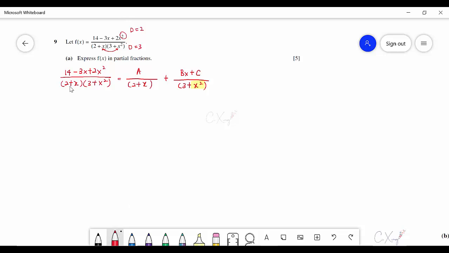Okay, so for this whole equation here, I'm going to multiply it with the original denominator. So when I multiply the whole equation with the original denominator, I will have this equation, which is something like this.